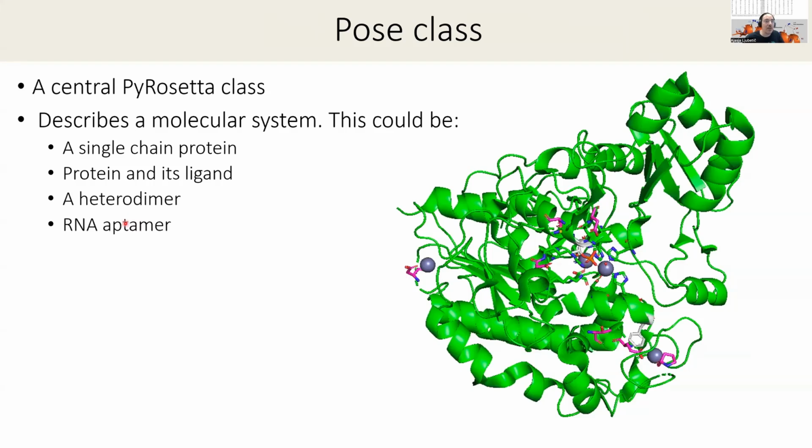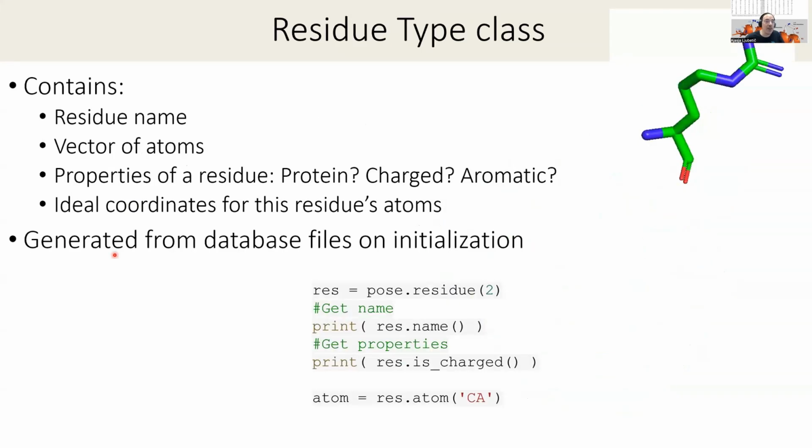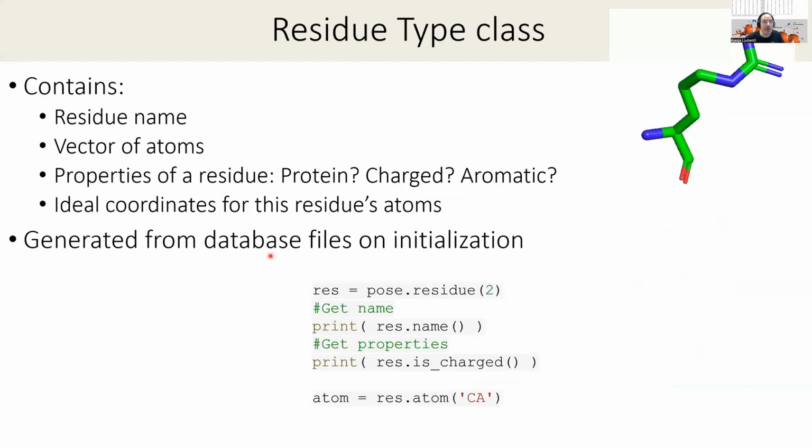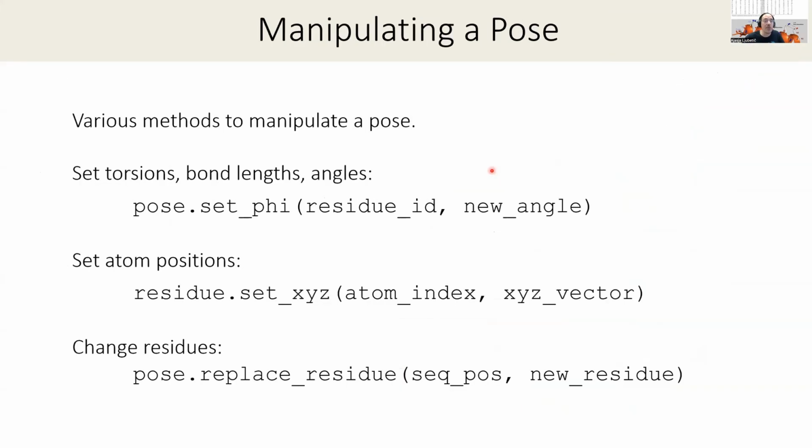It can be a heterodimer, it can also be RNA, or something as big as the whole ribosome if you have enough memory. The residue type contains information about all the residue names, so you can easily query that, and you can also change the structure, so you can change phi angles, you can change XYZ positions, and also make mutations.